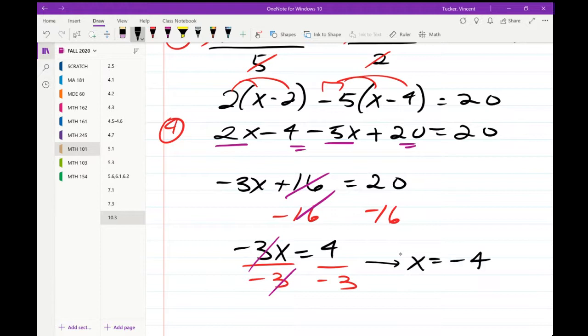X is equal to negative 4/3. Questions? Any questions?